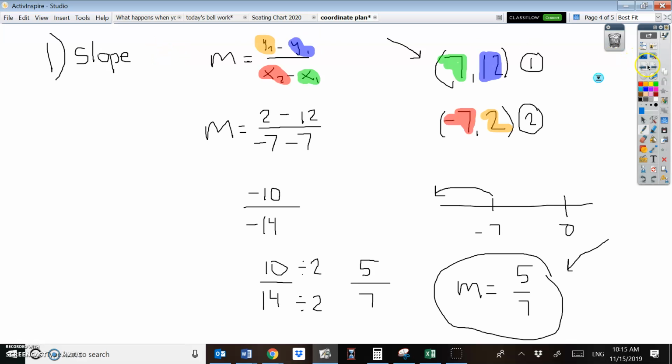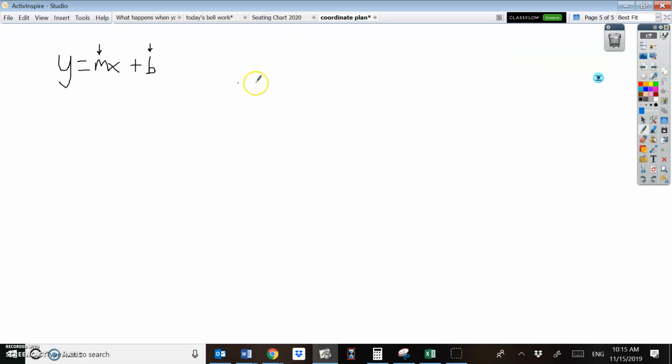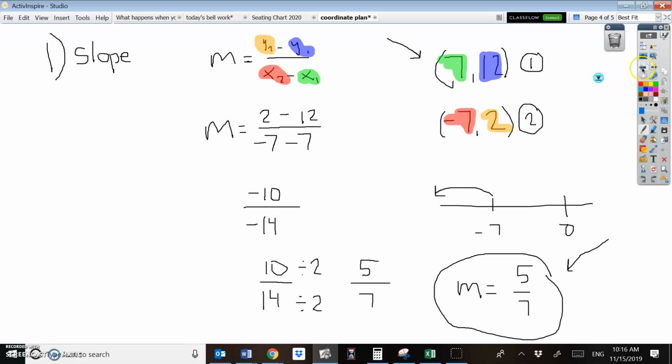So let's use our slope, 5 over 7. So instead of writing m, I'm going to write 5 over 7. Instead of writing x, I'm going to write 7.